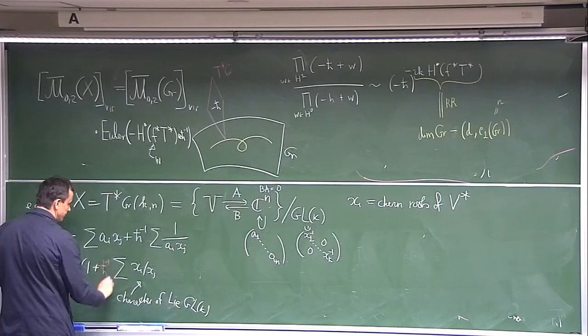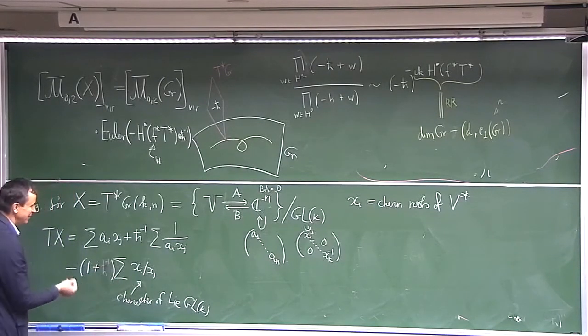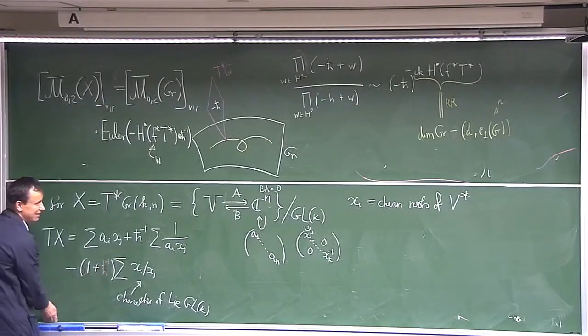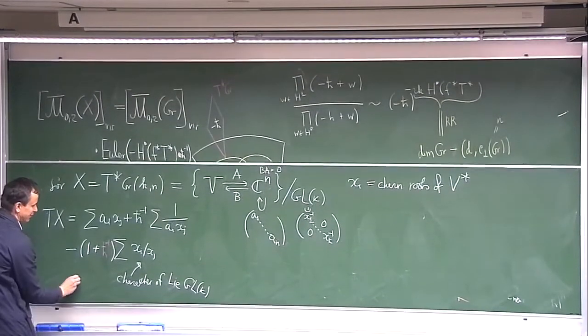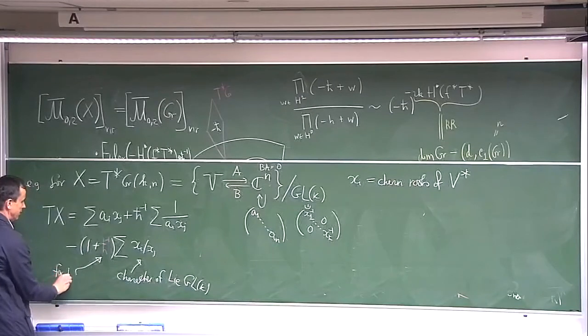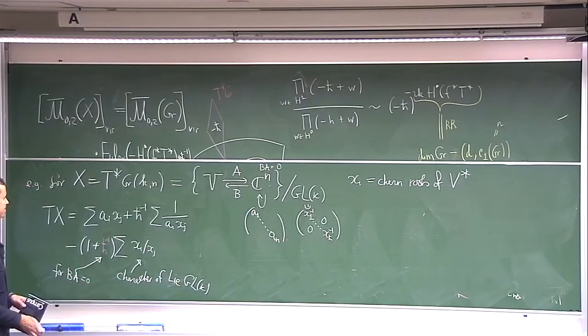It would have been much better if I denoted h bar inverse by h bar, because we keep writing h bar inverse. It's a waste of chalk, but anyway. So this is for the equation BA equals 0. So this is the expression.